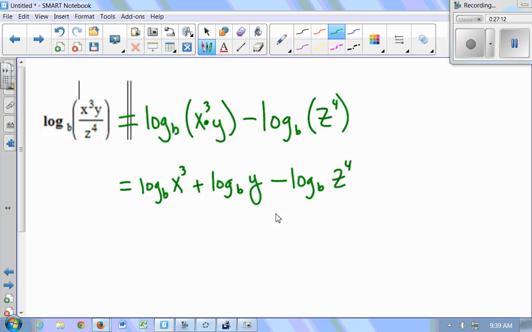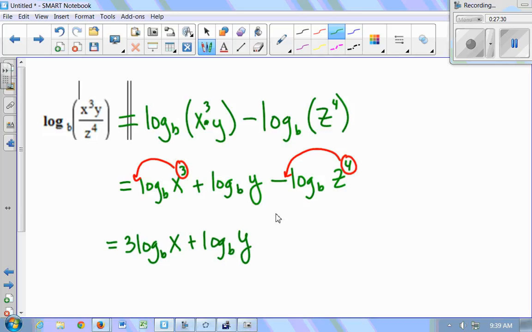Then I can use my exponent property on that one and that one. Just bring those down in front. So my final answer is going to be 3 log base b of x plus log base b of y minus 4 log base b of z.